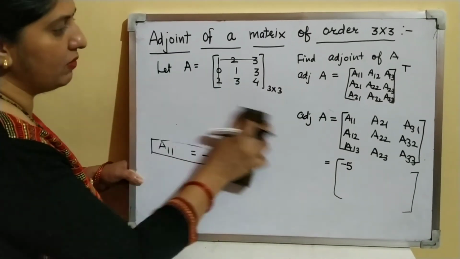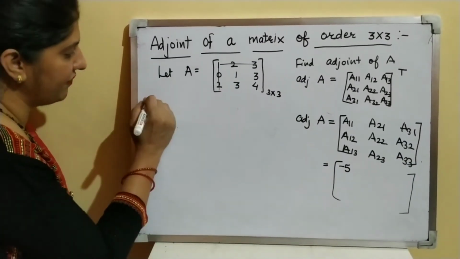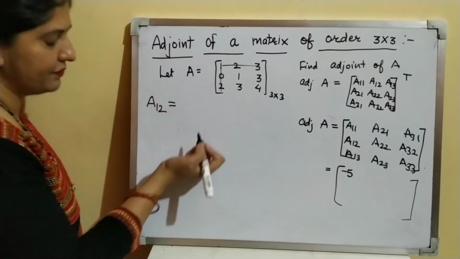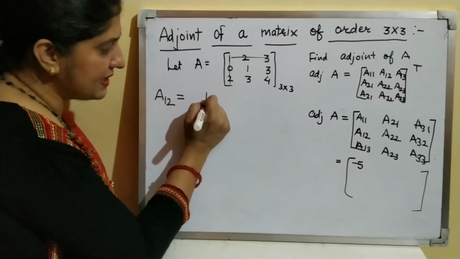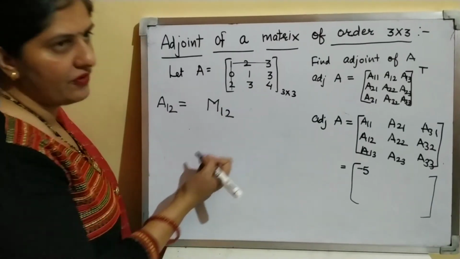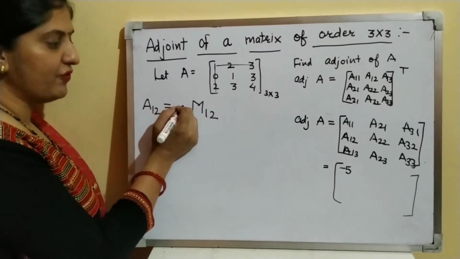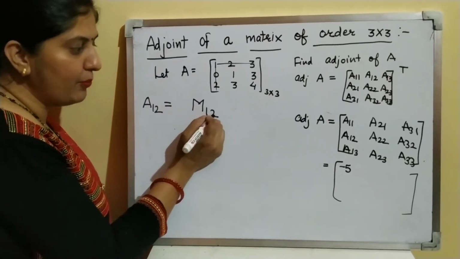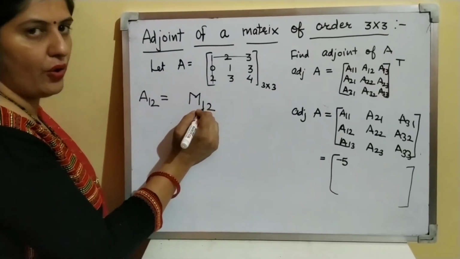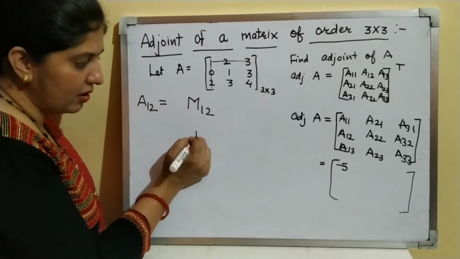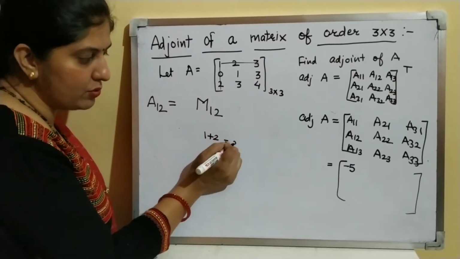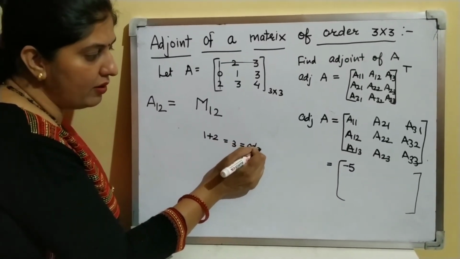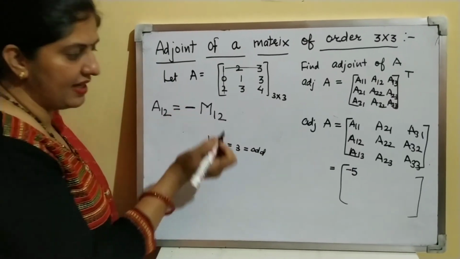Now we have to calculate A12. In the same way, calculate A12. A12 is equal to M12, but we have to take the sign positive or negative according as the sum of the suffixes is even or odd. Now see here, 1 plus 2 is equal to 3. 3 is odd, so we have to take a negative sign here.